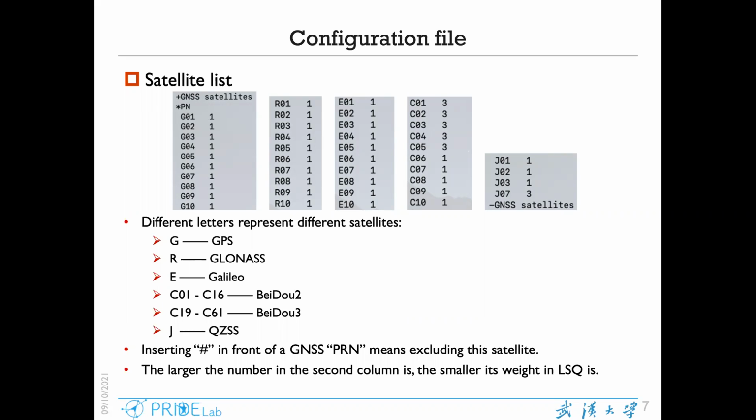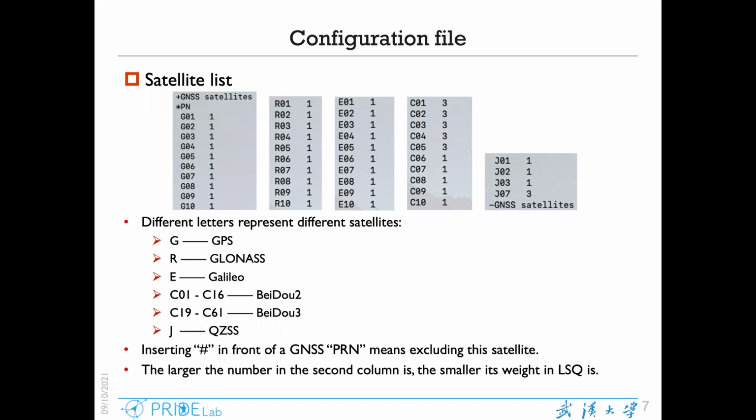This kind of satellite can also be used for PPP, but their orbit and clock quality are not comparable to other MEO satellites like GPS satellites, GLONASS satellites, and Galileo satellites. So their inclusion in your processing might degrade your processing quality.